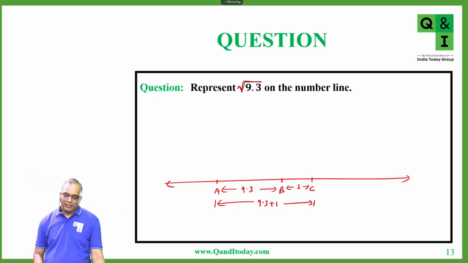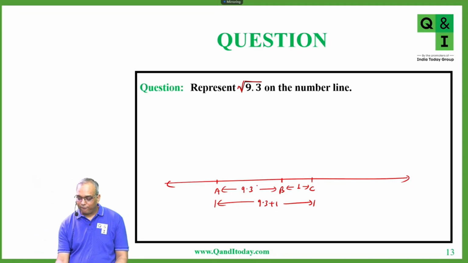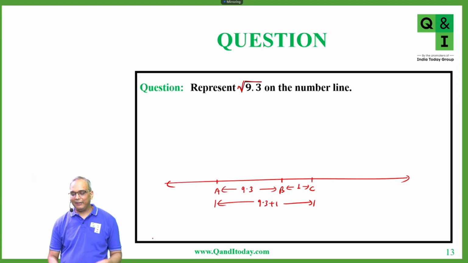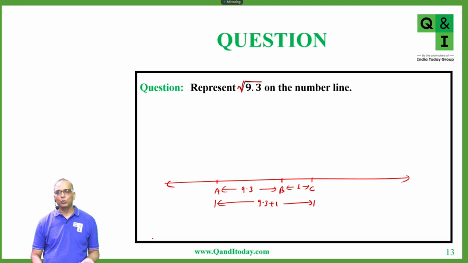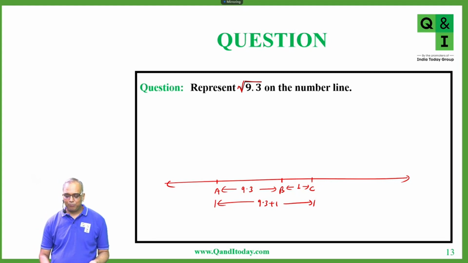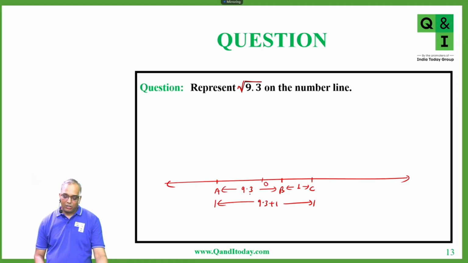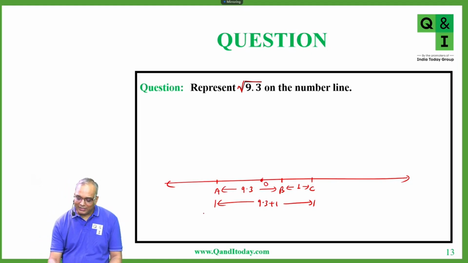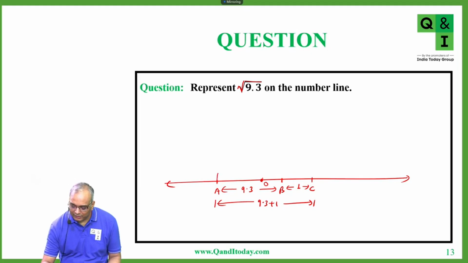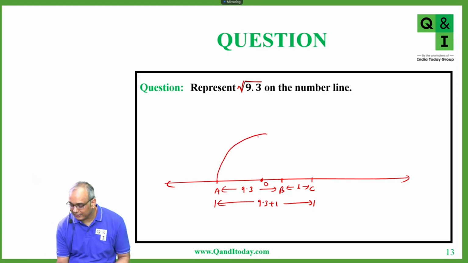Correct? Now we are going to find the midpoint of AC. So 10.3 divided by 2, if you do, this is 5.15, right? So let's say this is the midpoint which we have got, denoted by O. Now, keeping the compass at O, we draw a semicircle here.